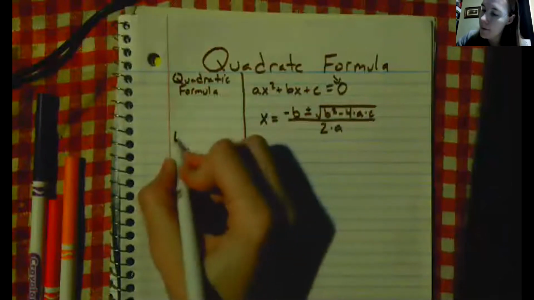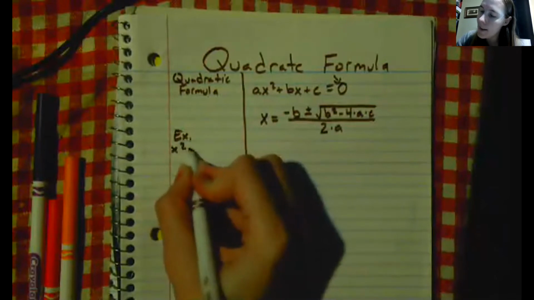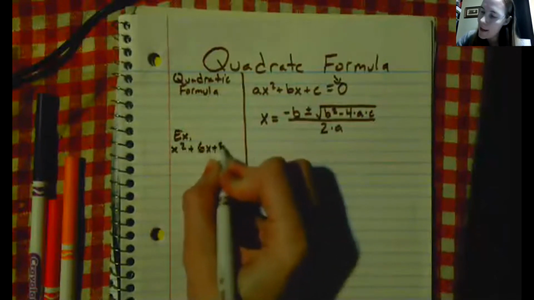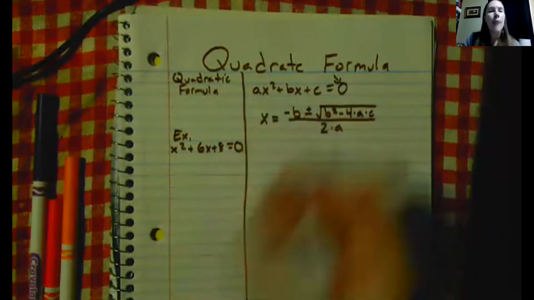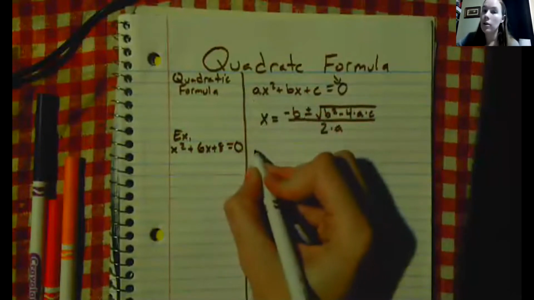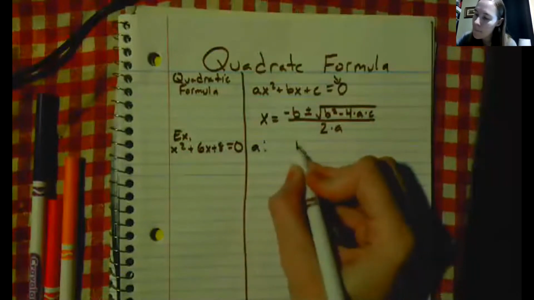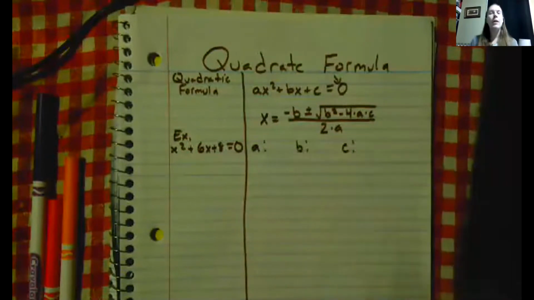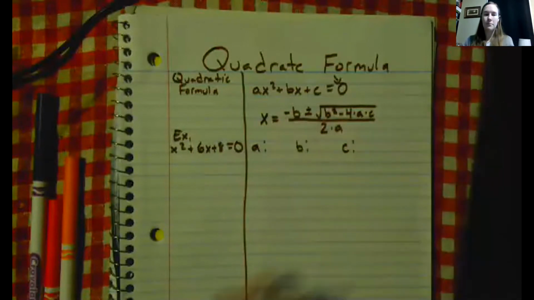So let's see an example. Say we have x squared plus 6x plus 8 equals 0. You might be like, "Hey, miss, I can factor that," which is totally correct. But we're going to also see if we can figure it out using this formula. So like we were practicing earlier, when we learned our vertex, we need to solve by finding what is our A, what is our B, and what is our C, because we're going to plug those into our formula.